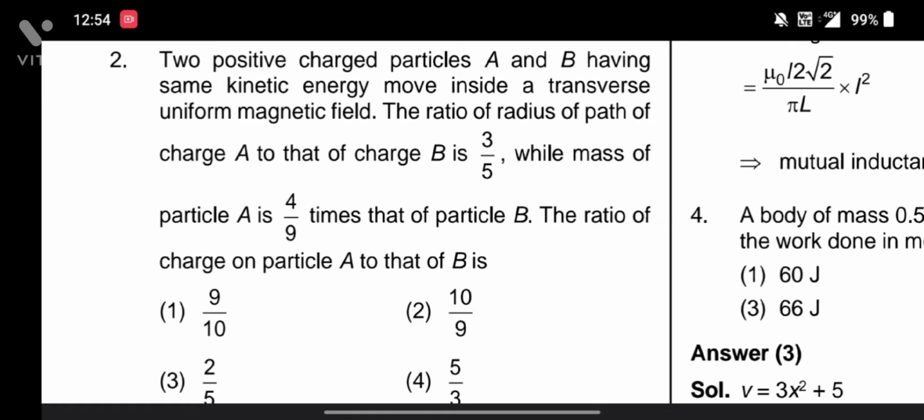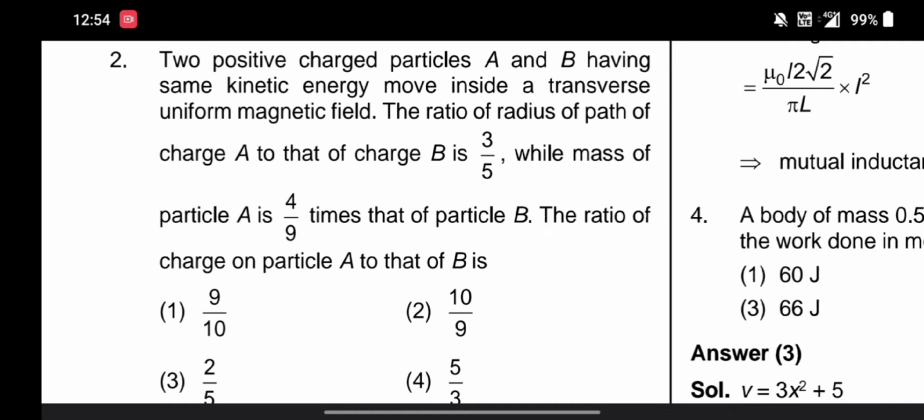The ratio of radius of the path of charge A to that of charge B is 3 by 5, while the mass of particle A is 4 by 9 times that of particle B. Then what will be the ratio of charge on particle A to that of particle B?